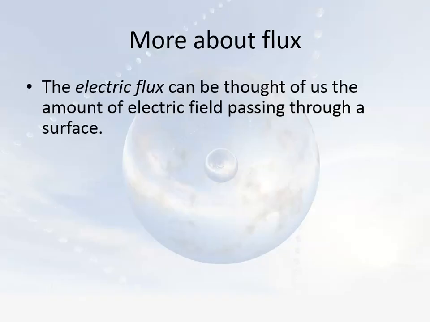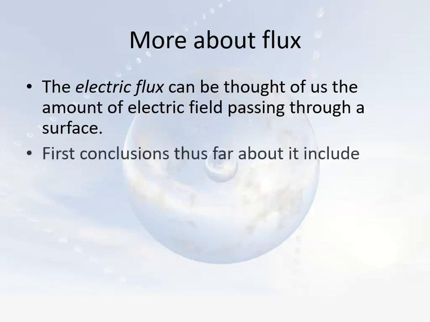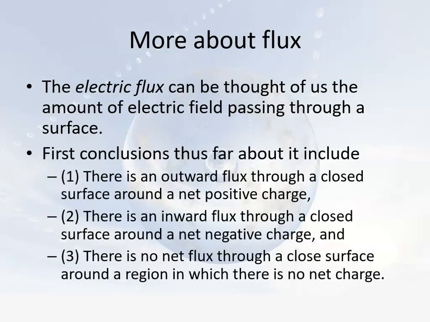So again, you can think of flux as the amount of electric field passing through a surface. First, we realize that there's an outward flux through a closed surface around a net positive charge. There's going to be an inward flux, therefore, through a closed surface around a net negative charge, because electric field lines go into negative charges.